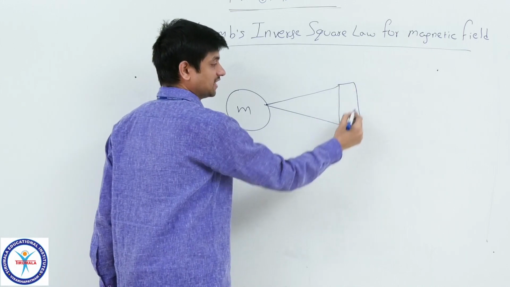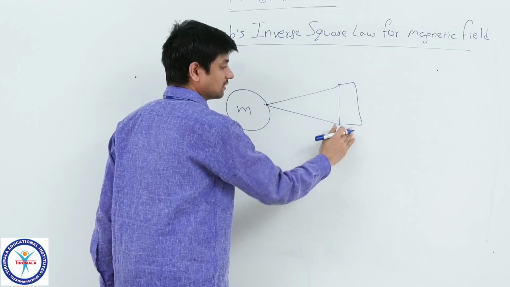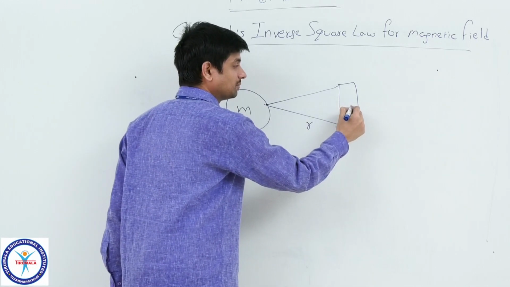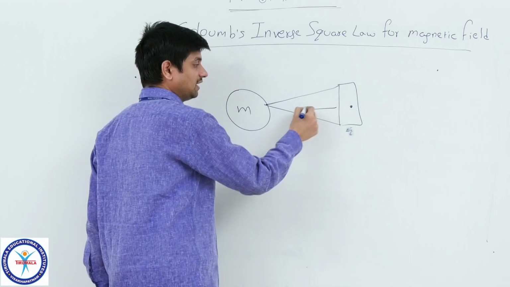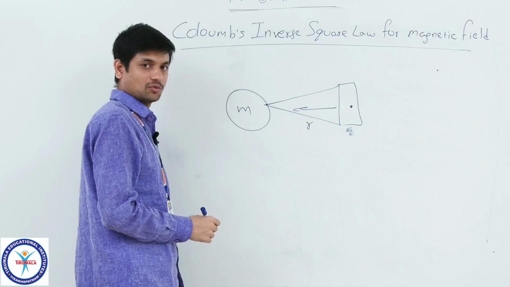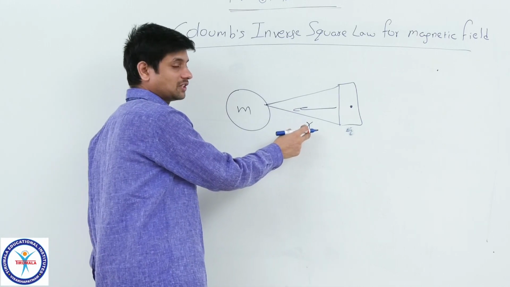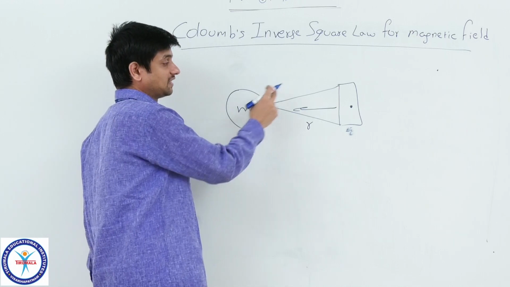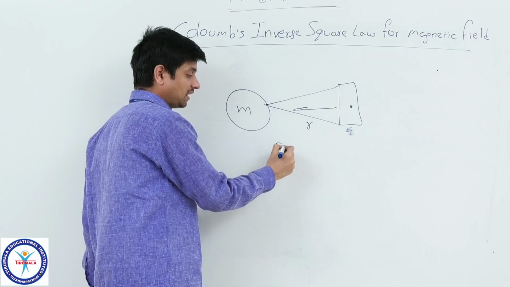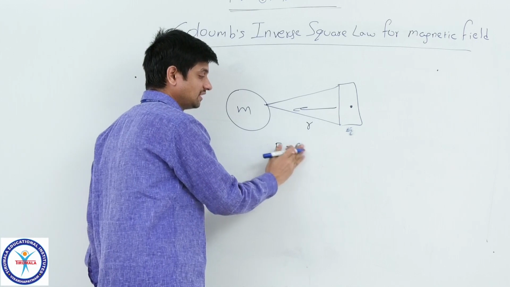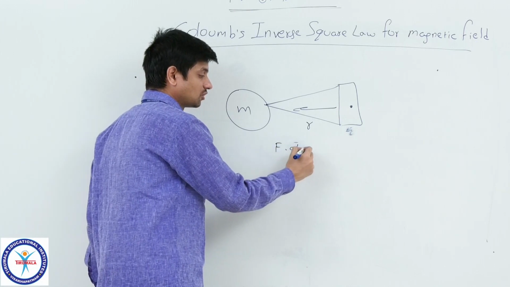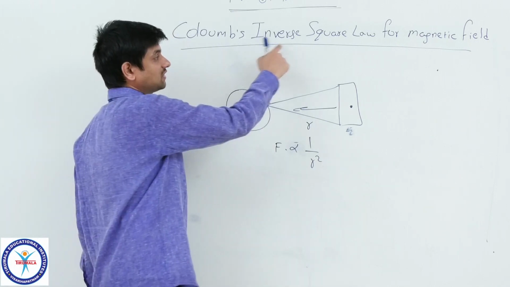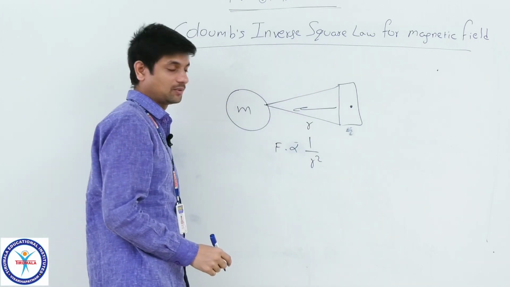It has this much area, with r as the radius vector. Any point object will be attracted towards this massive object. This gravitational force we already defined in previous classes. It is inversely proportional to the square of the distance between them. Inverse square law.